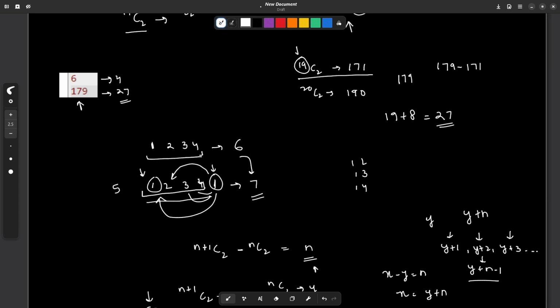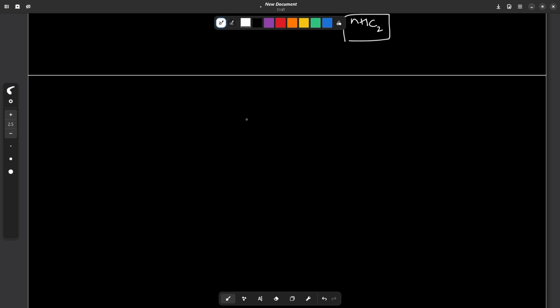And to find the greatest value such that nc2 is less than or equal to the value that has been given to us in the input, we can easily use binary search. So how can we use binary search? I'm just going to maintain an invariant condition. Let's say low c2 is always going to be true, that means it is always going to be less than or equal to the value that has been given to us in the input, and high is always going to be false.